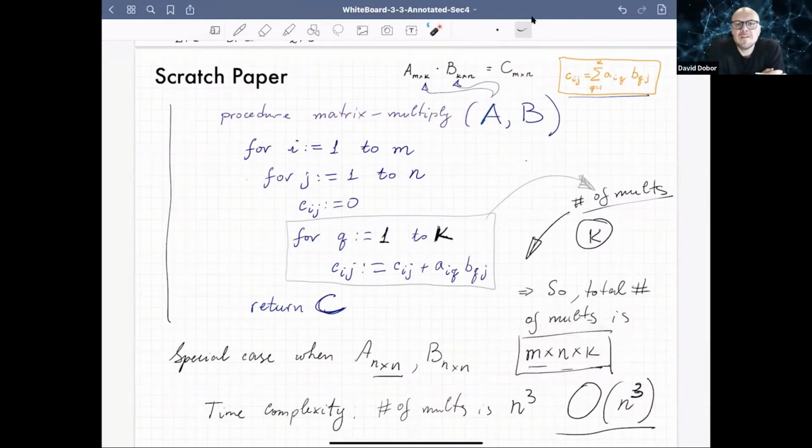Can anyone, starting from the following? You're multiplying two matrices, A and B, each of which is an n by n matrix. So I'm multiplying two square matrices, A and B, with dimensions n squared each.